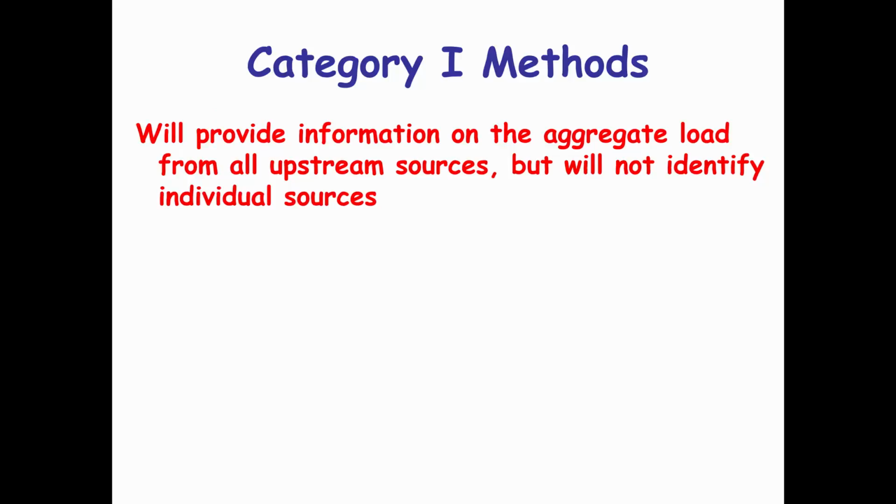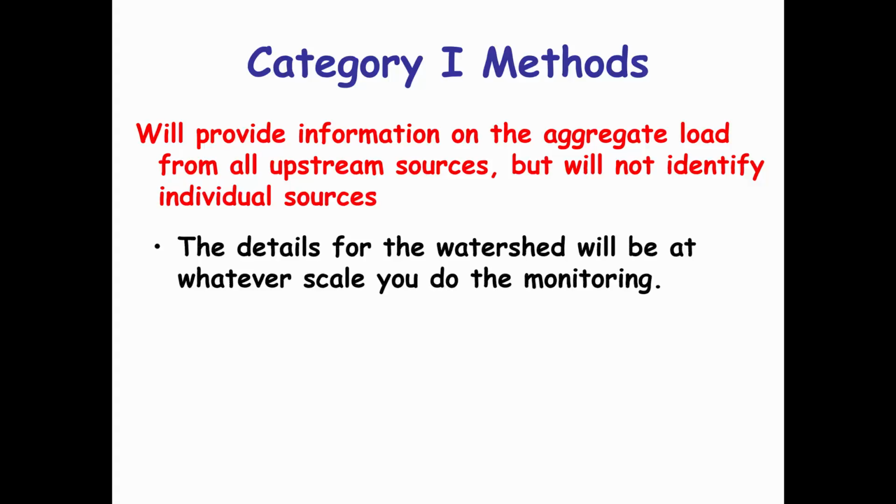Okay, so the Category 1 methods generally will provide an aggregate load number, and so these will not identify directly the individual sources of a particular pollutant. And the detail that you have for a watershed will be whatever scale you are doing the monitoring at.